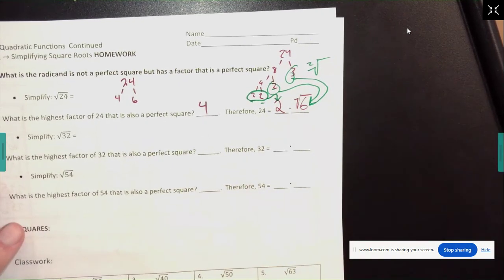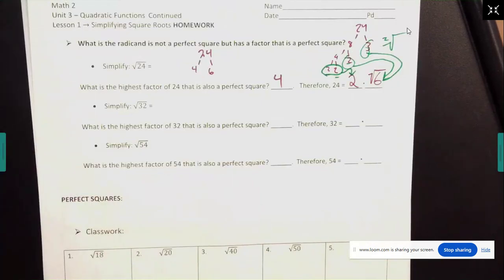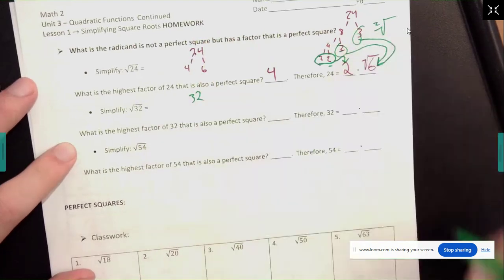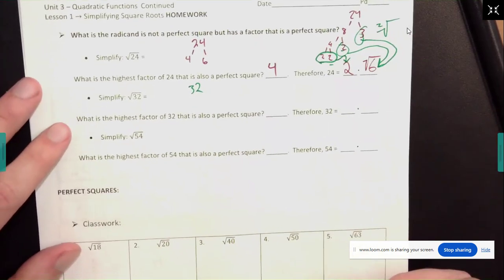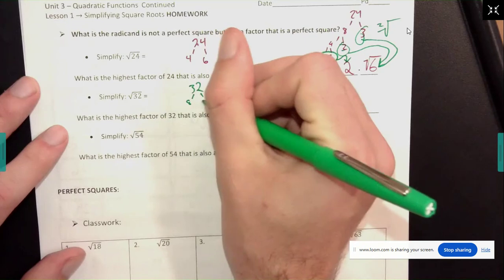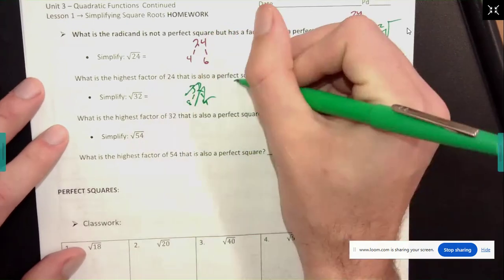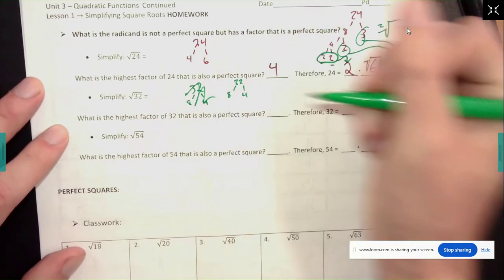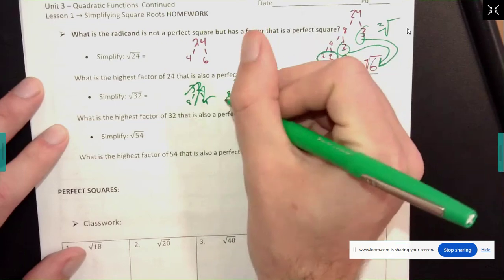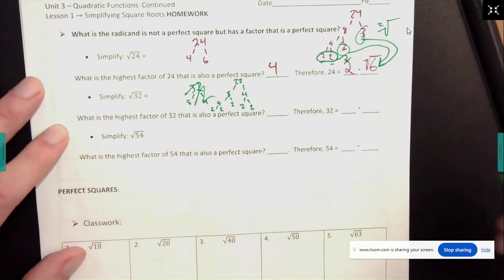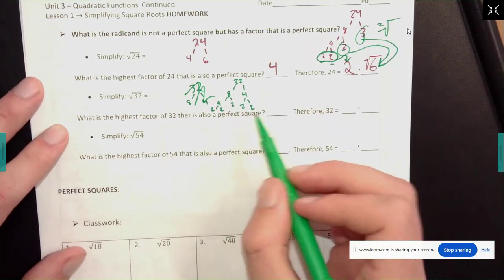Let me show you what that looks like with the square root of 32. What times what gives me 32? I don't know, 8 and 4. Let me give myself more room. So for 32, I have 8 and 4. 4 is 2 and 2. 8 is 4 and 2, and I can bring down this 4 into 2 and 2. So at the end, I have 1, 2, 3, 4, 5 2s.